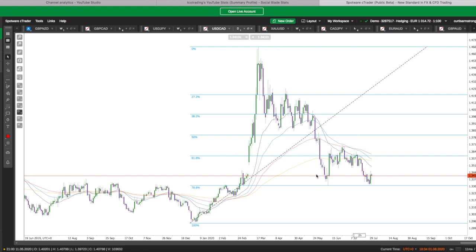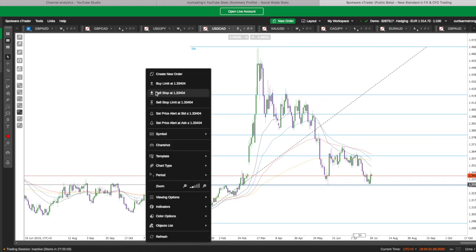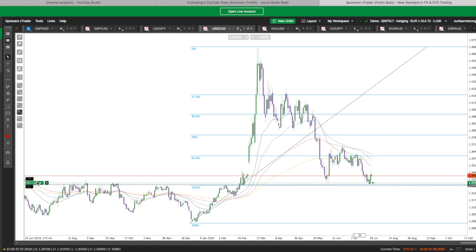See, we had a nice rejection there from the 78.6, which also lined up with the 1.33 level, which is also this key level here. So this would have been a nice trade. We could potentially take this trade again and fill in this wick, retest this 78.6 again. So we could have a nice couple confluences in this area.